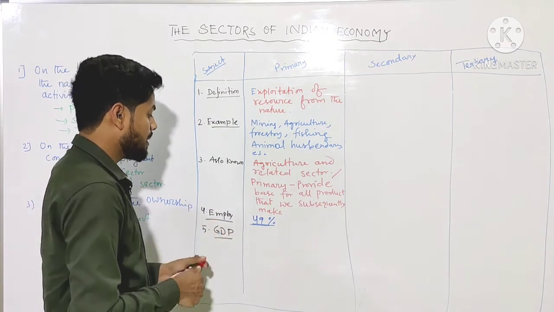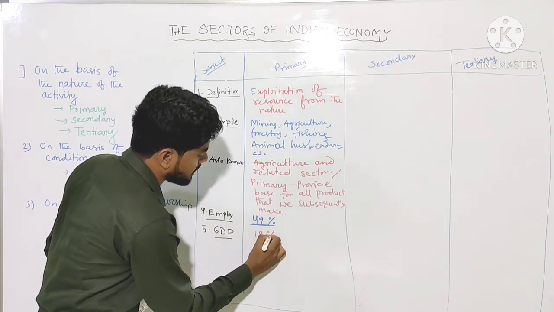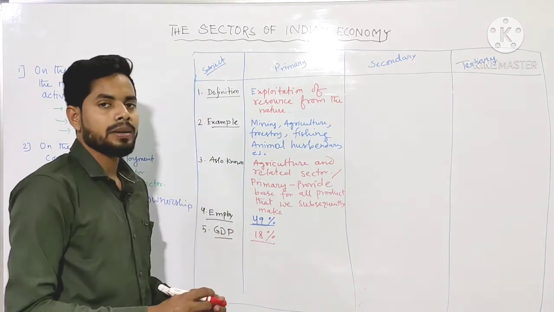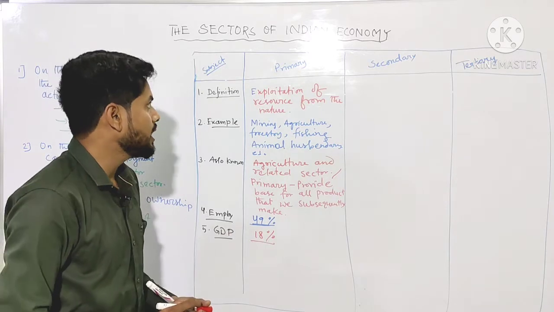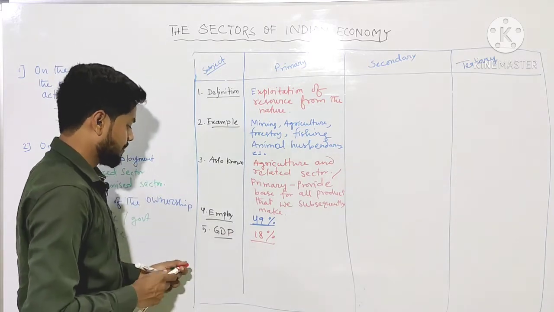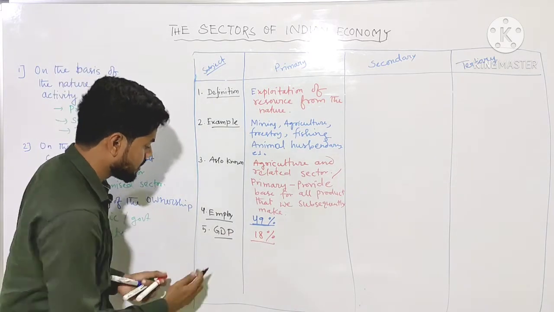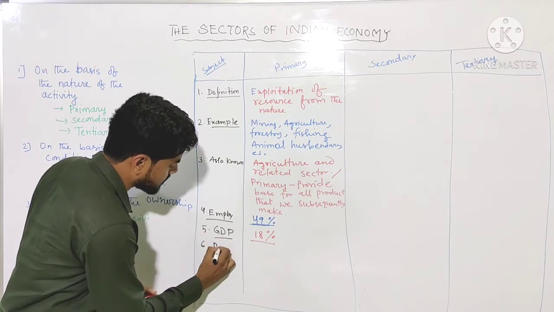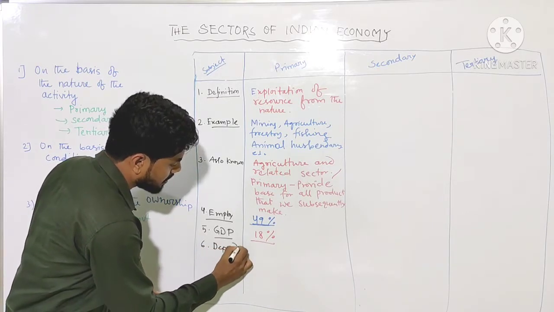About 18% of GDP. And the sixth point is dependence.